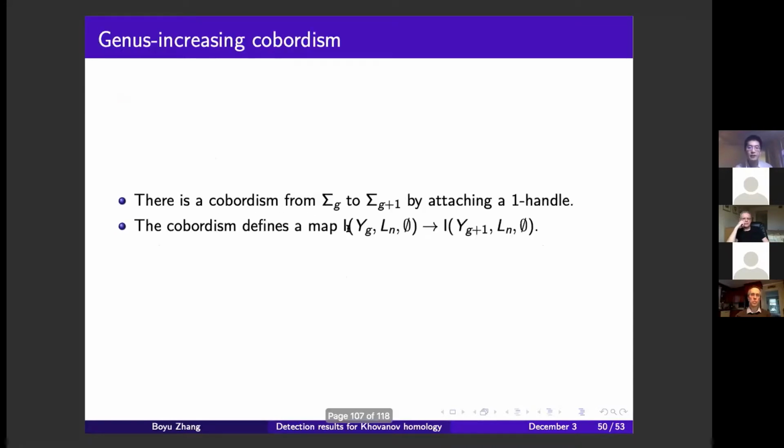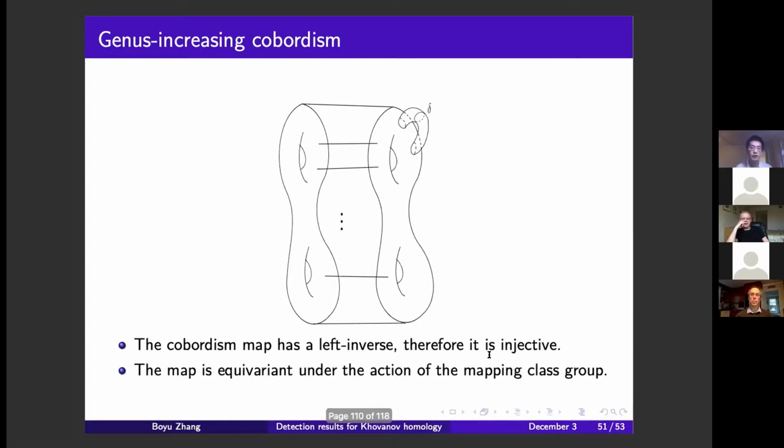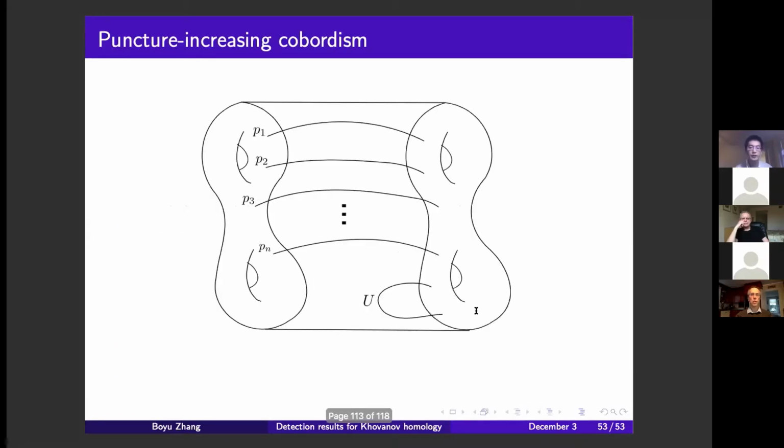The second ingredient is that we computed a cobordism map, given by this picture, which increases the genus by 1. This cobordism map has a left inverse because we can fill in this cobordism into a trivial cobordism, so it's injective. This map is also equivariant under the action of the mapping class group. The third ingredient is a cobordism that increases the number of punctures.